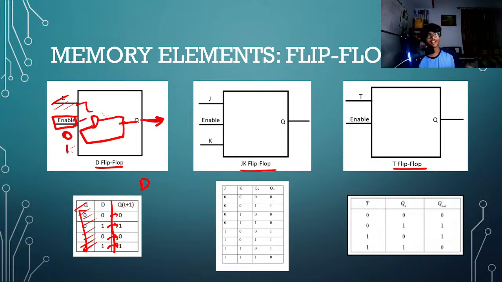If I get into how it's actually working, it'll take way too long. When enable is 0, is the input perceived by the flip-flop? No, not at all. When enable is 0, nothing happens.